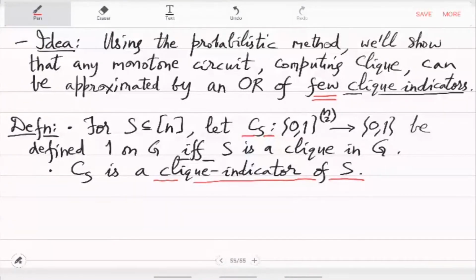And as a notation C phi, so for the empty set, when you don't take anything, you assume it to be a clique of size 0.